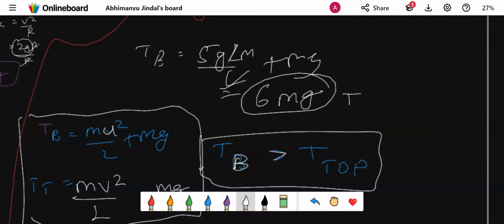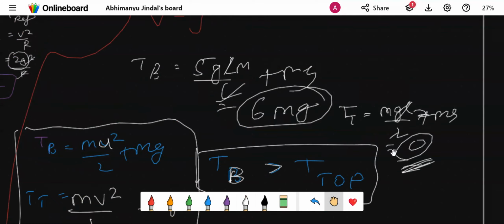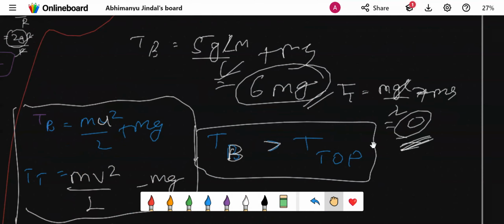And tension at the top, which is the minimum tension, is m times GL by L minus mg, which is 0. Did I mess up? No, I'm right. Tension at the top, the minimum tension, is 0, and the maximum tension at the bottom is 6 mg. Okay, so I hope it was clear to you guys.